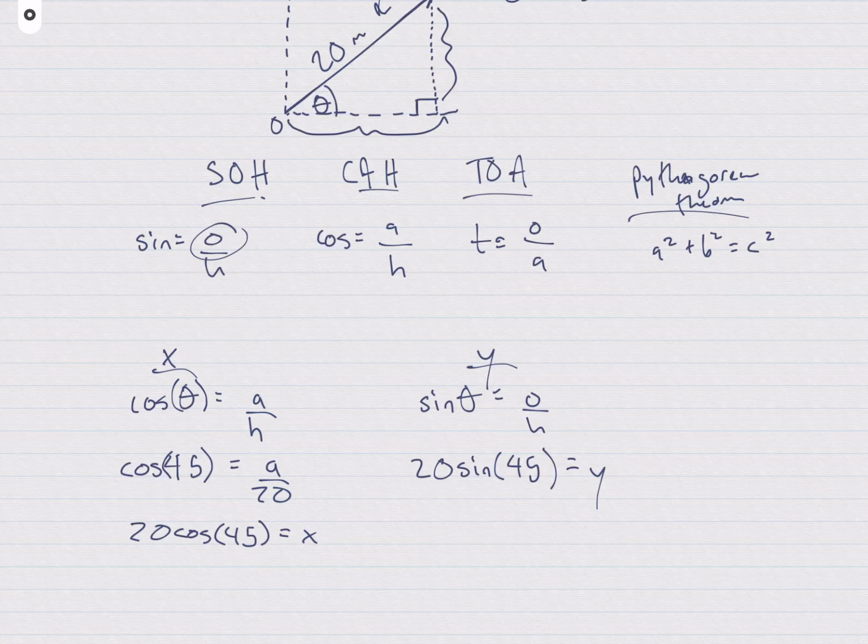Now, all you have to do is really plug numbers in at this instance. So 20 sine of 45 is equal to 14.14. Now, sine of 45 and cosine of 45 are the same exact thing. So x is going to be 14.14 as well.